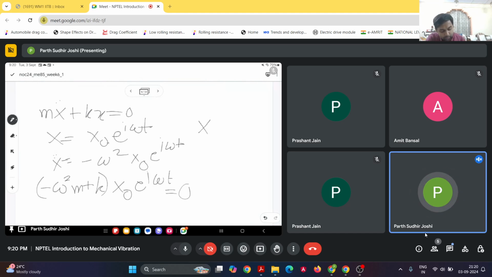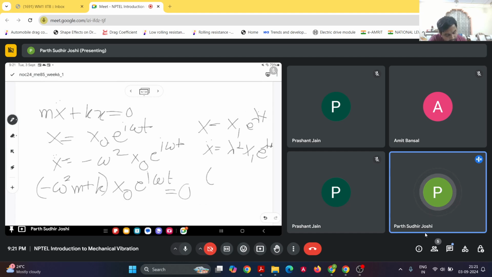So if we had substituted x is equal to x1 e to the power lambda t, and then repeat the same steps, then x double dot will be lambda square x1 e to the power lambda t.